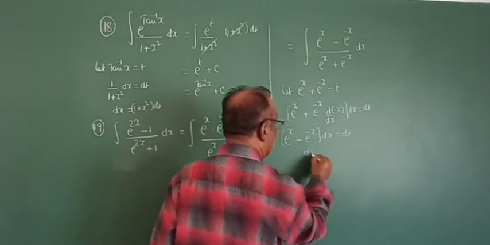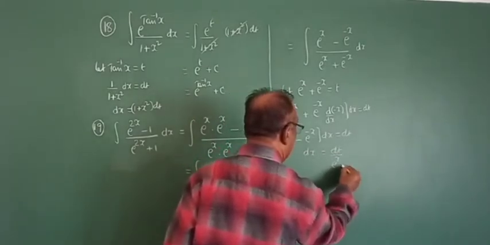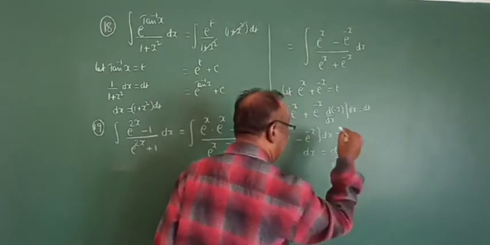Right, dx is equal to dt by e power of x minus e power of minus x.